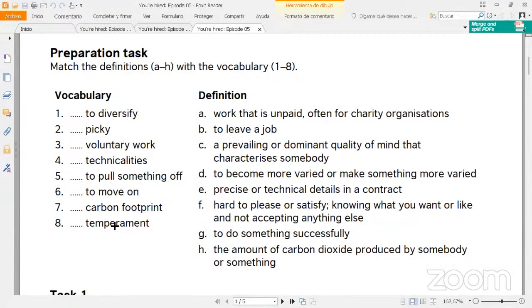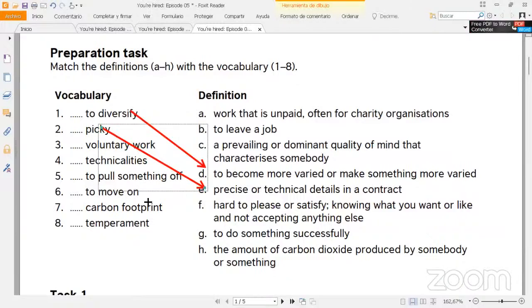Letter D. B. Precise or technical details in a contract. Yes. Okay. Technicalities.